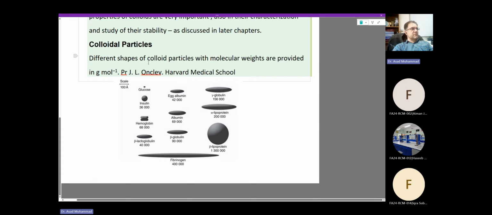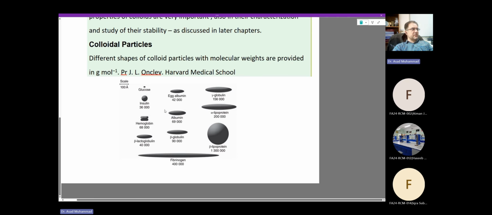So different shapes of colloidal particles with molecular weights are provided here. You can see that we have spherical particles, and then we have something which is not spherical, and then we have globulin, lipoprotein, albumin, and a very different structure over here.